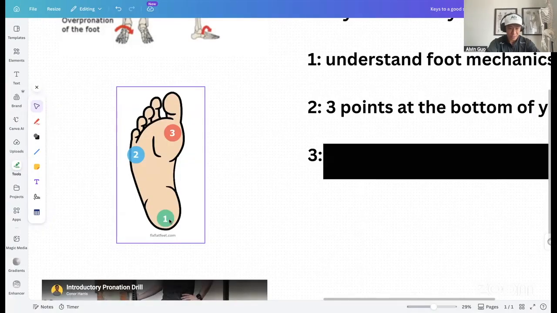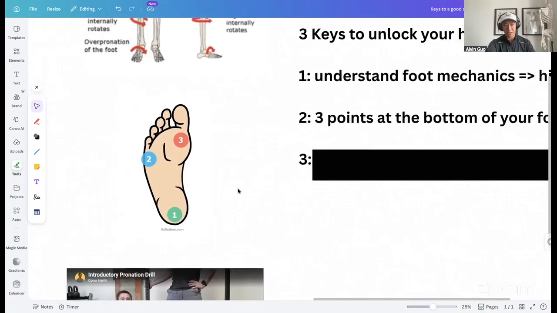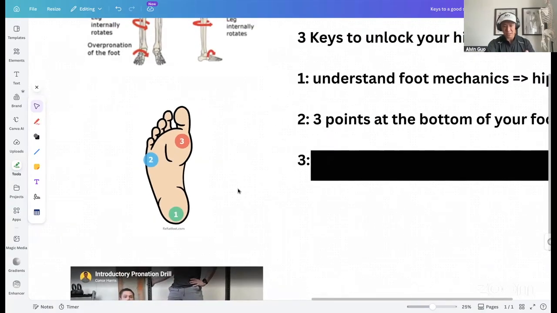Now, everybody, let's get on the floor real quick. Just quickly retest your range of motion, quickly retest your hip internal and external rotations. Just want to get a little bit of a reference point. And then I want you to take off your shoes. I want you to walk barefoot.